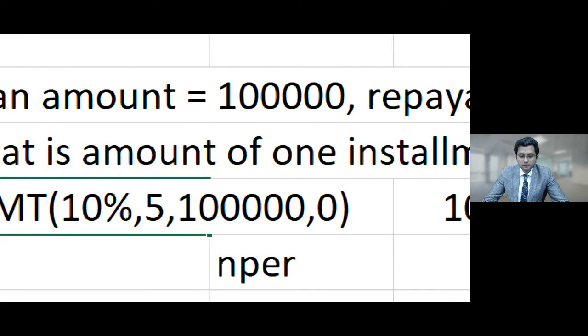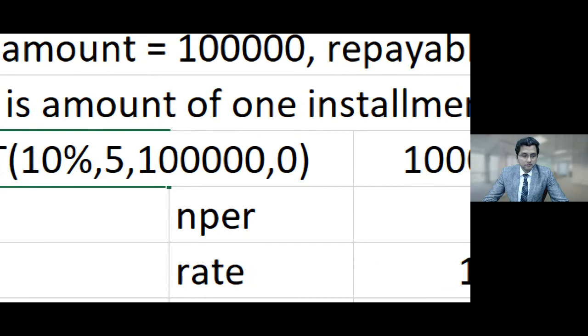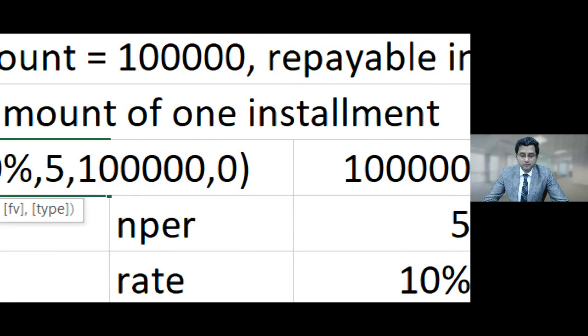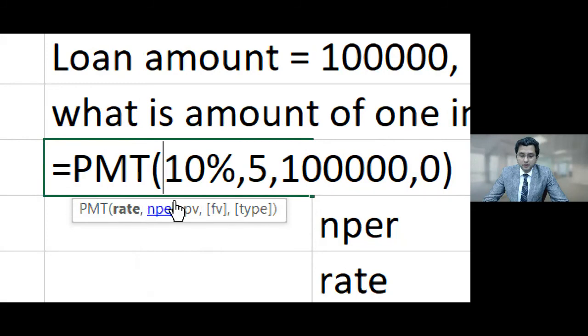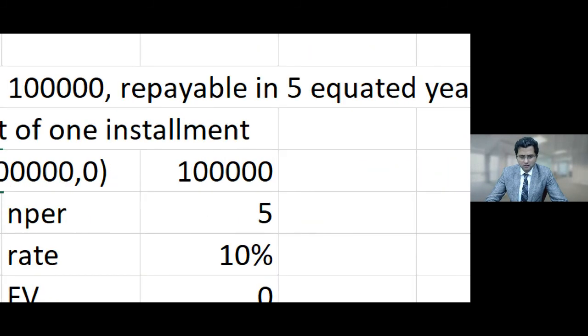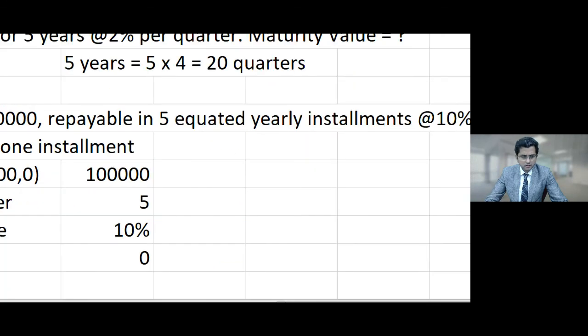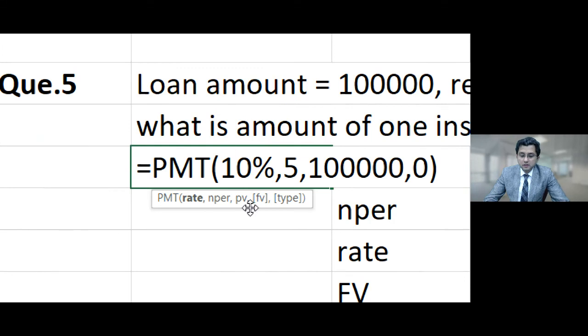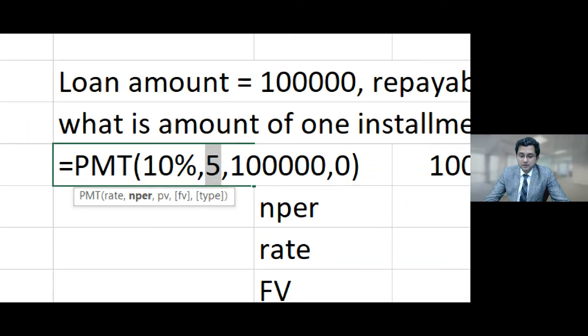Look here. This is the formula. First it is asking me to input the rate, and then the number of periods, which is 5, right?